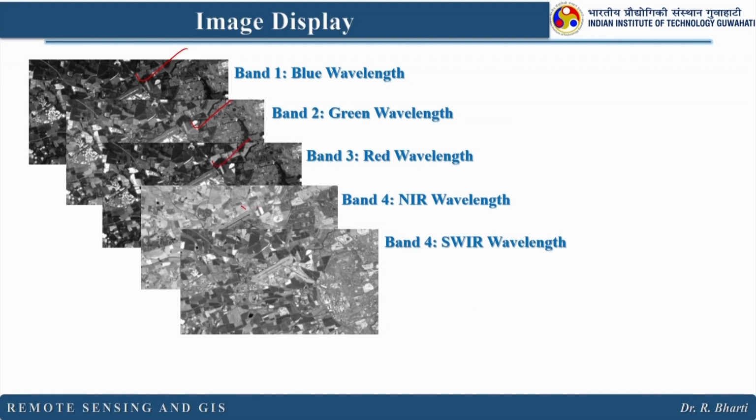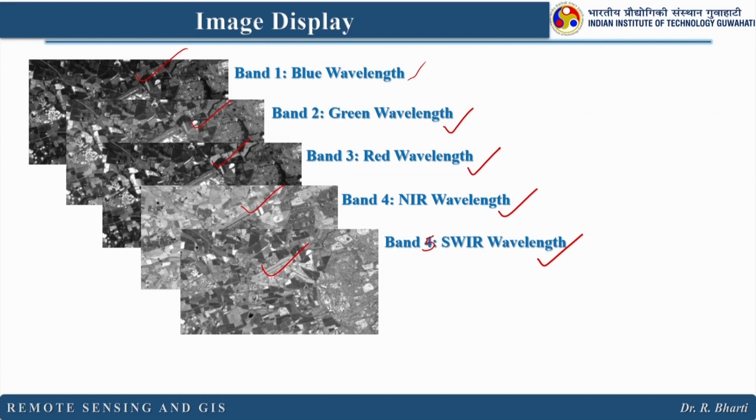For the same area, you have different bands, for example band 1, band 2, band 3, band 4, band 5, captured in blue wavelength, green wavelength, red, NIR and SWIR. Their information is different, but here we are looking at them individually.